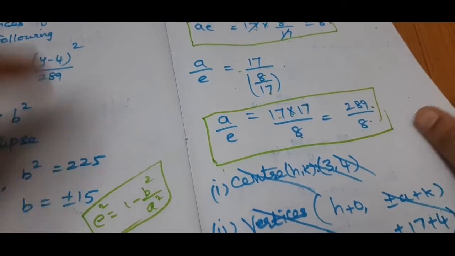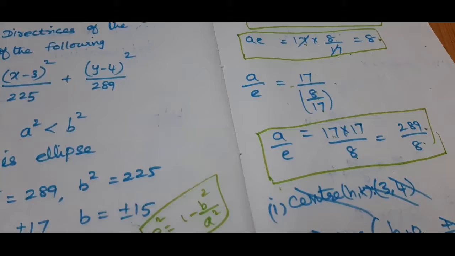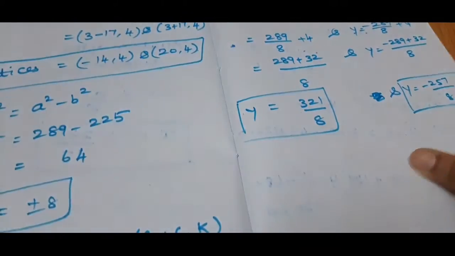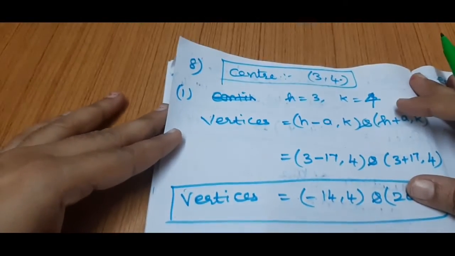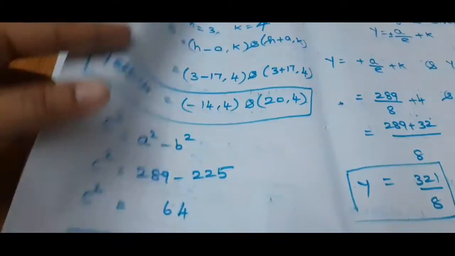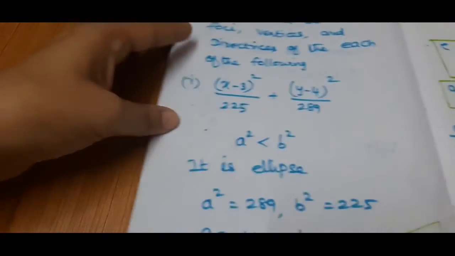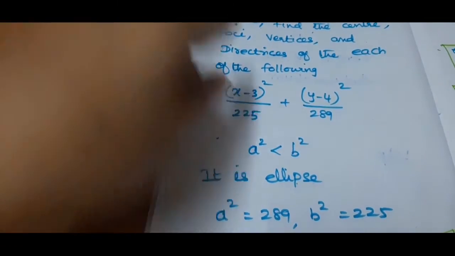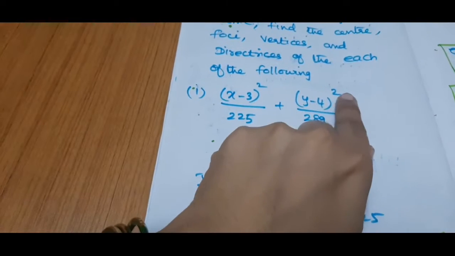So I want to find out the center, foci, vertices and directrices. The center is 3, 4. How 3, 4? Here it is x minus h whole square plus y minus k whole square.